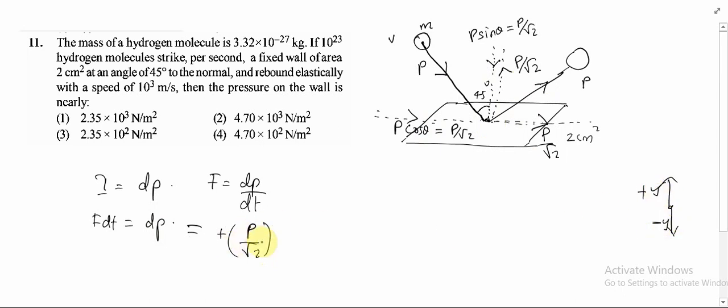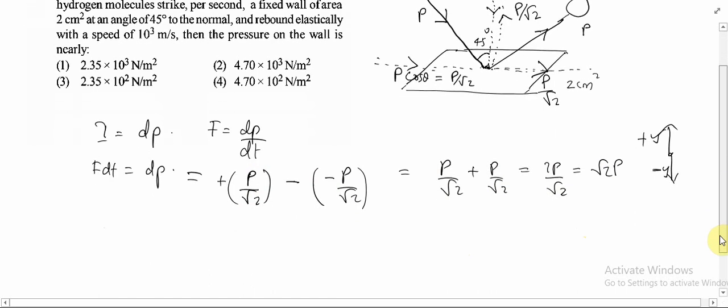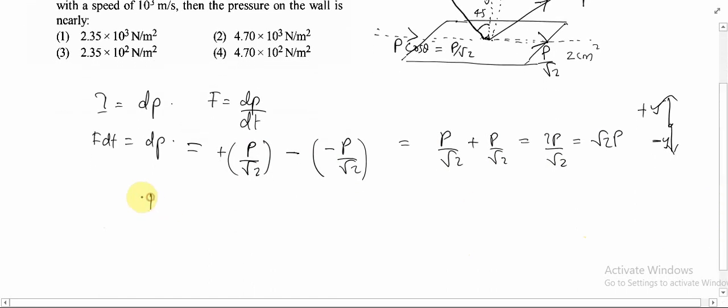So we can write plus p by root 2 minus the initial momentum, which is in the downward direction, so minus p by root 2, or you can write it as p by root 2 plus p by root 2, or 2p by root 2. You can cancel the root 2 here, so this will be root 2 p. That is the impulsive force. So impulsive force is given by root 2 into mass of hydrogen molecule into velocity of the hydrogen molecule.